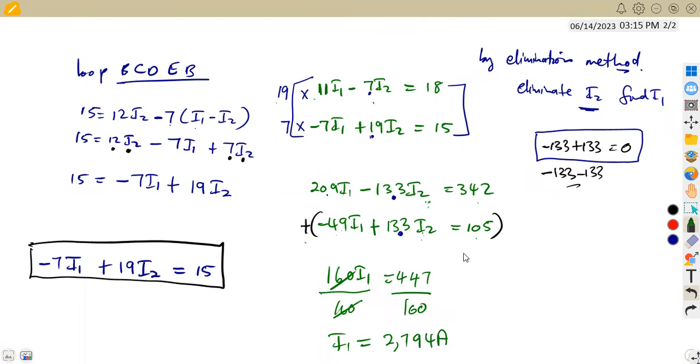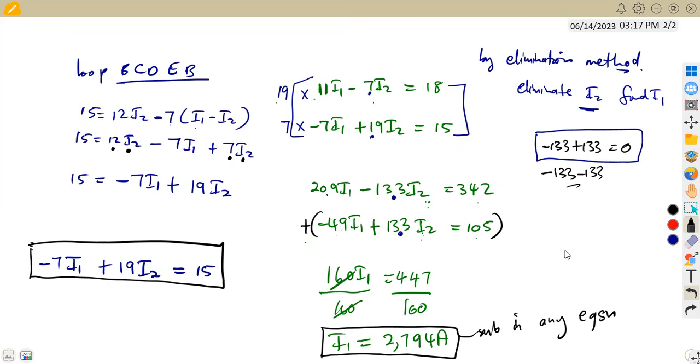So after finding I1, we eliminated I2 to find I1. To find I2, you can simply substitute I1 in any of the given equations. You choose any of your choice, any part that you're going to work with.